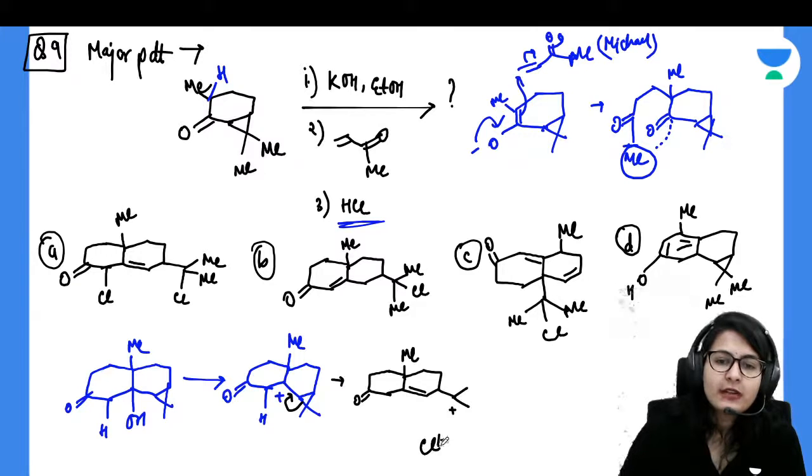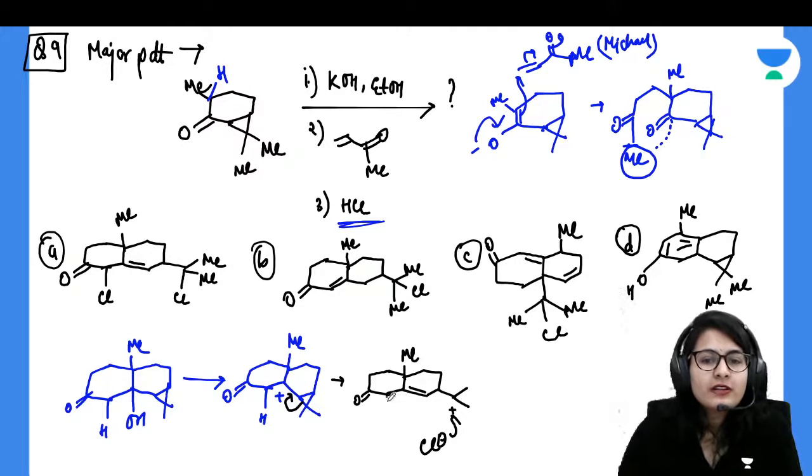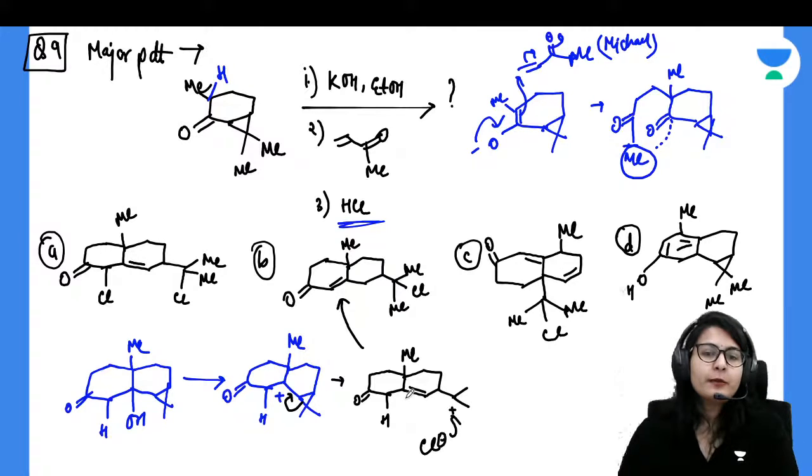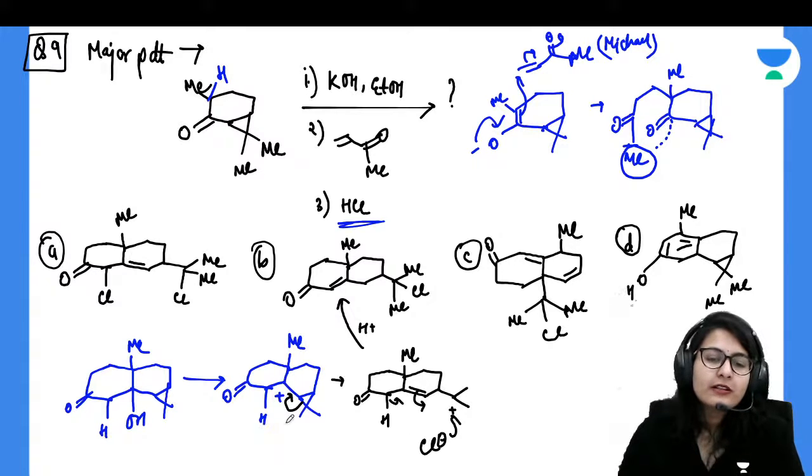In the presence of HCl, you have a Cl minus free which could attack. And also, in the presence of acid, you will get isomerization of the beta gamma unsaturated ketone to your alpha beta unsaturated ketone system. Whenever you have beta gamma unsaturated ketone and you have acid, it is going to isomerize like this by the removal of this proton over here. Yes, so you had the fragmentation of this three-membered ring. You also had the isomerization to give you option number B. Yes, so this is your final product, option number B.